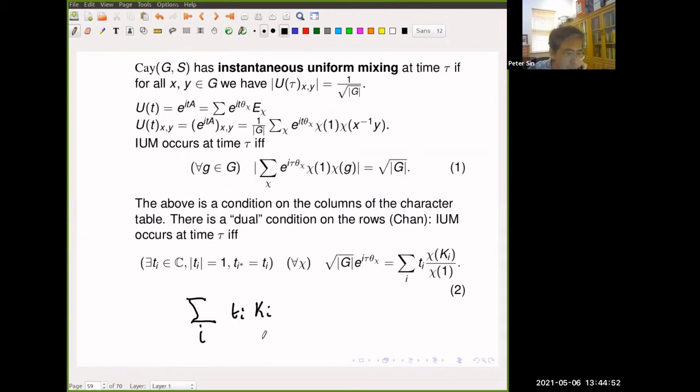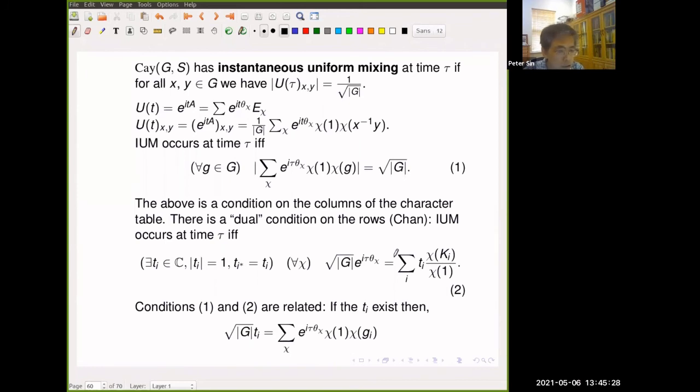Well, this matrix will be the complex Hadamard matrix, right? So that's the condition for uniform mixing, expressed in terms of the rows of the character table.